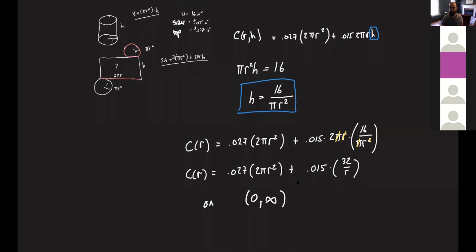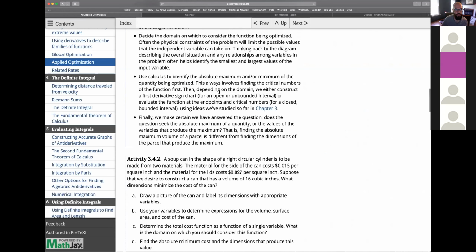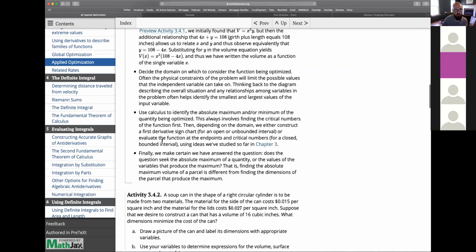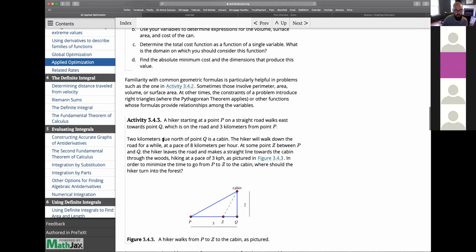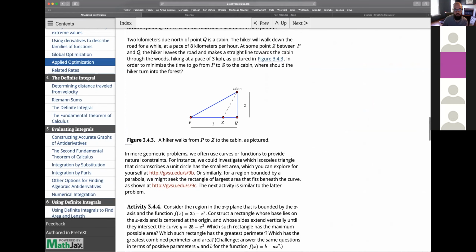This general procedure is one that will work for your optimization problems, and it's outlined here in this note. So this might be something that you want to go back to and think about as you're doing the homework problems. On Friday we'll continue. We'll do some more optimization problems.